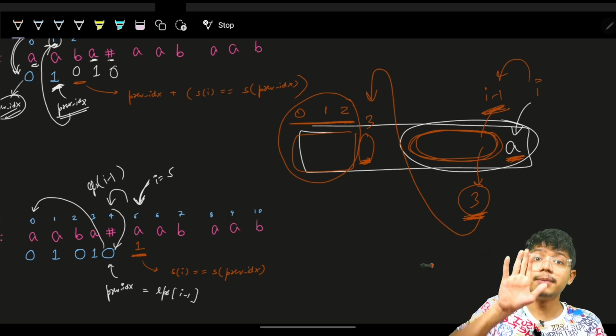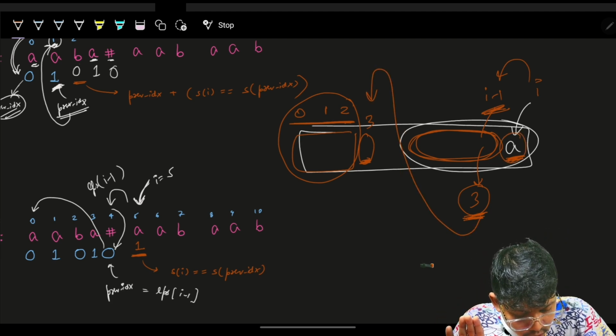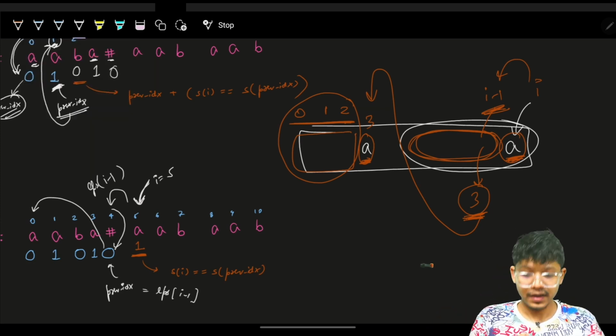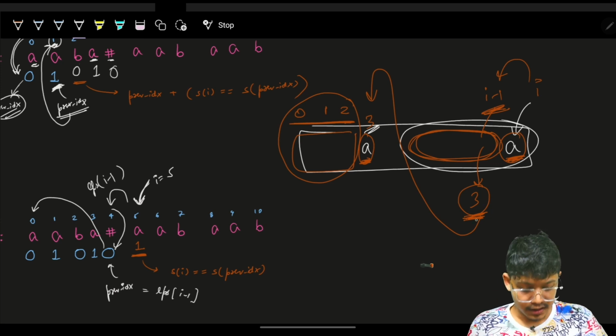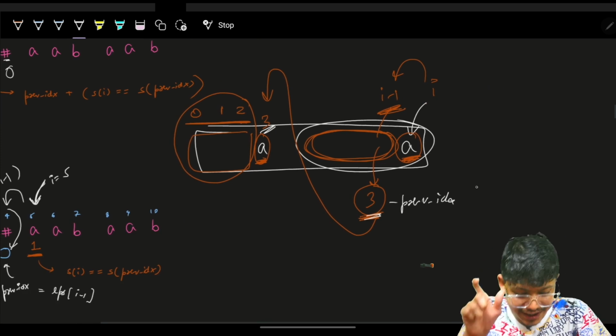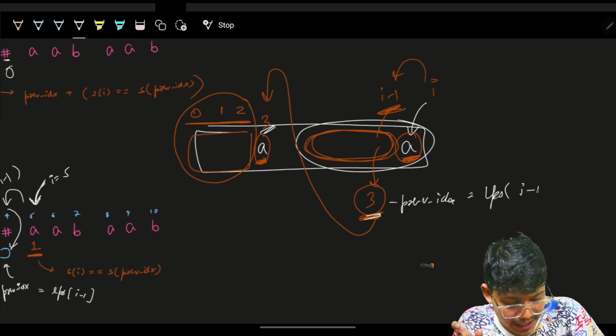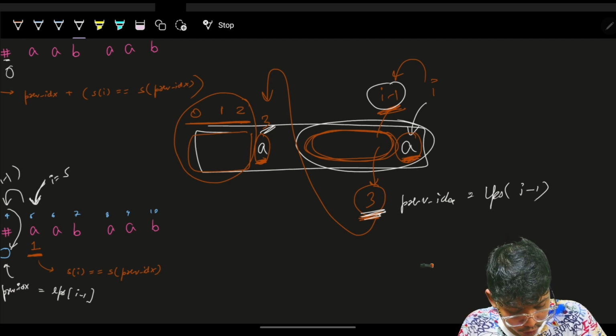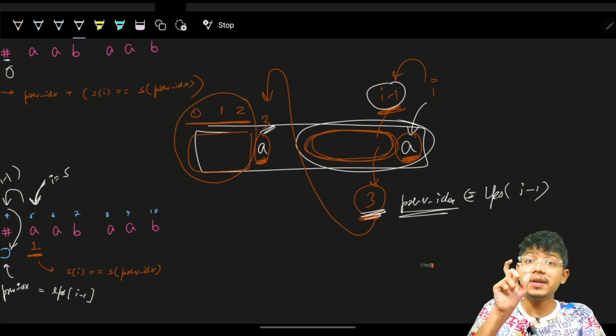Now this will say, bro, you should compare your A character with this value, which means the previous index value. This was your previous index, which is actually nothing but your LPS of I minus 1. So now you have got the LPS value, which is the previous index.